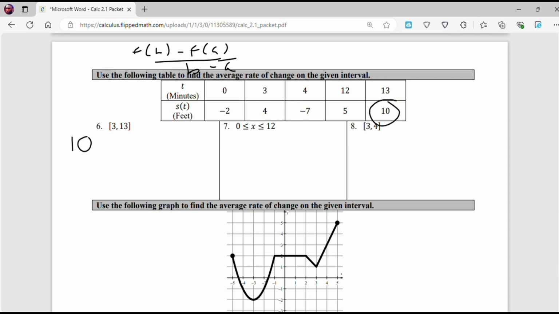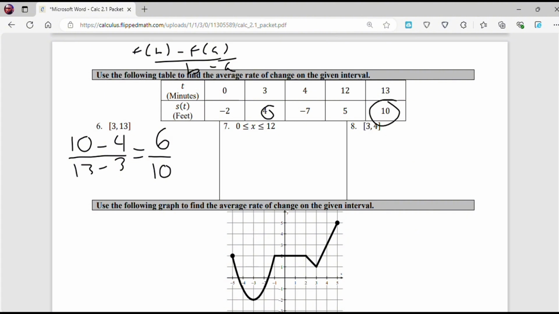So 10 minus s of 3, which is 4. Then 13 minus 3. Hopefully this makes sense, right? F of b minus f of a over b minus a. And we get 6 over 10. You can reduce that if you want. I'm not going to. You should reduce it.